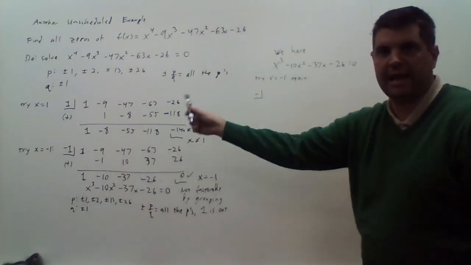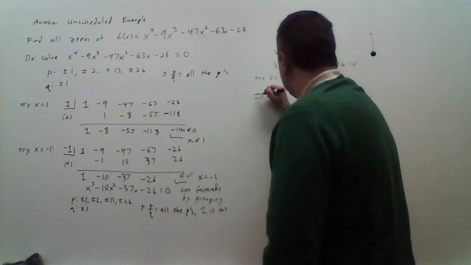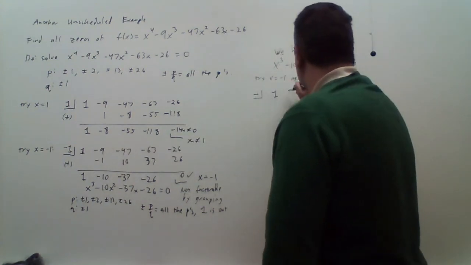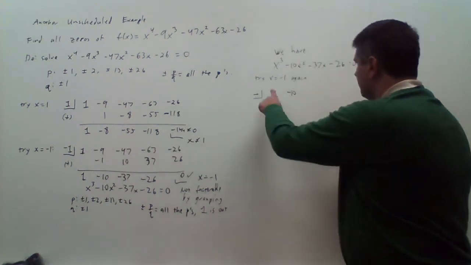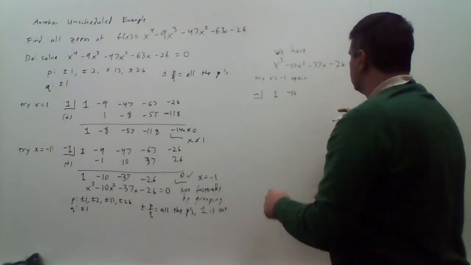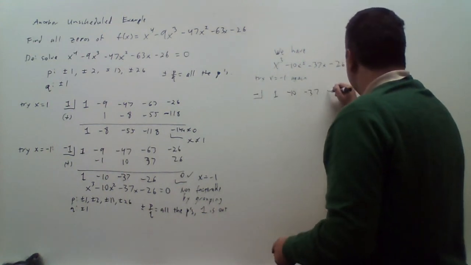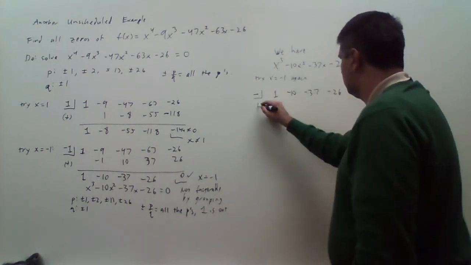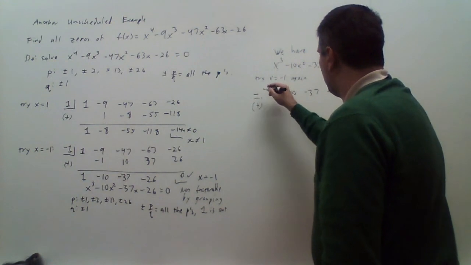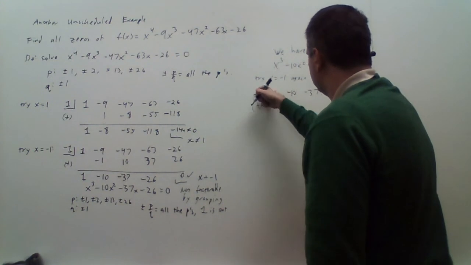I'll try it over here for the new one. We have 1, negative 10, negative 37, negative 26. We're trying negative 1 again.